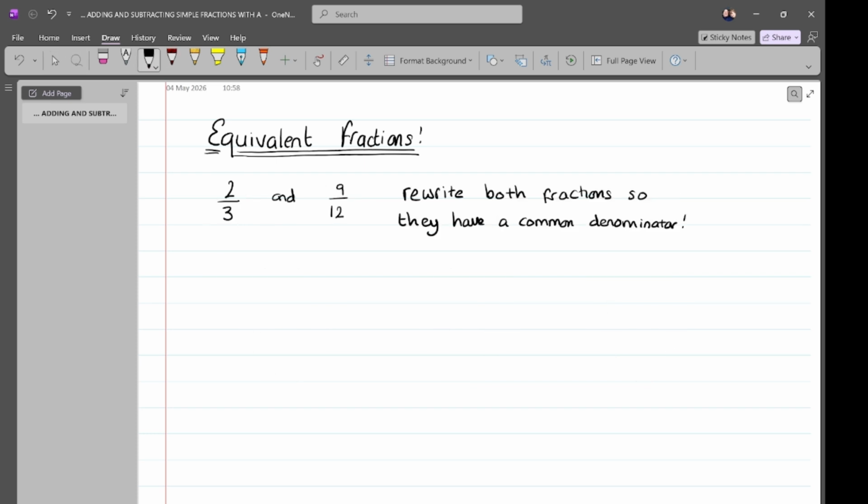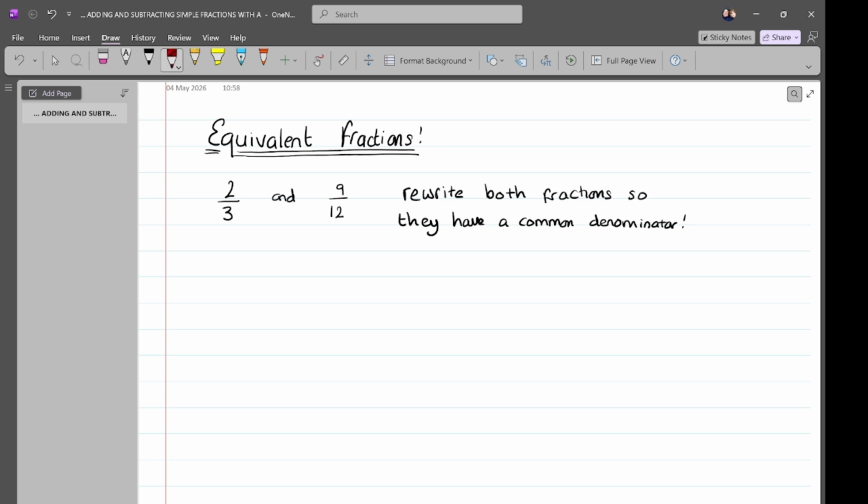Here's a different kind of question. We need to rewrite both of these fractions so that they have a common denominator. What does this mean? Well, it means find an equivalent fraction of 2/3 and an equivalent fraction of 9/12 so that they both have the same bottom number. I'm going to choose 12 as my common denominator.